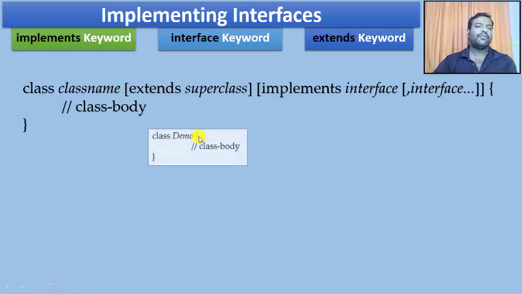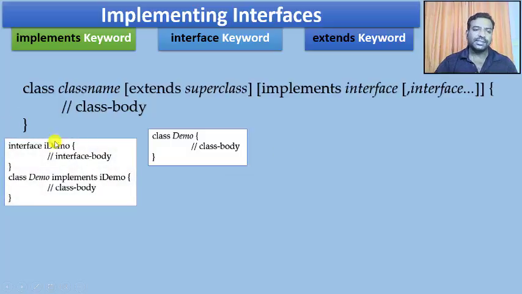And just look at a few examples. I'm going to have class demo. Now this class is not part of inheritance. Even this is not going to implement any interface. And just look at this example. I'm going to have interface iDemo. That is, I'm creating an interface now, and I'm going to have a set of statements which is going to act as a body, and I'm going to have class demo implements iDemo.